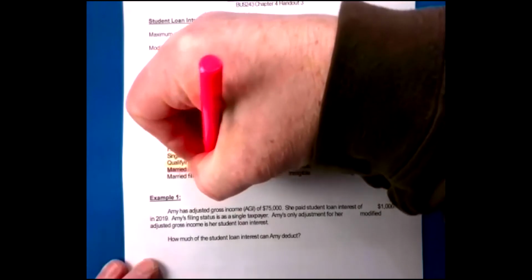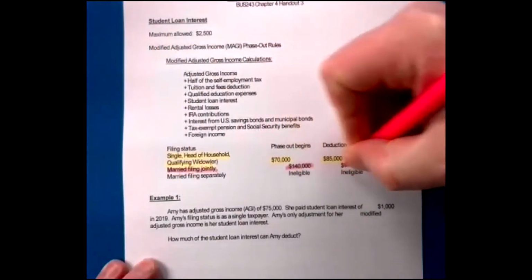If you're married filing jointly, it goes from $140,000 to $170,000. If you're married filing separately, you don't have to worry about this because you can't write off the interest anyway. So we're going to see how this all plays out.